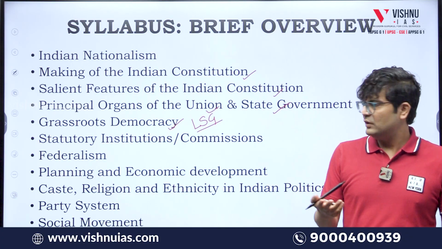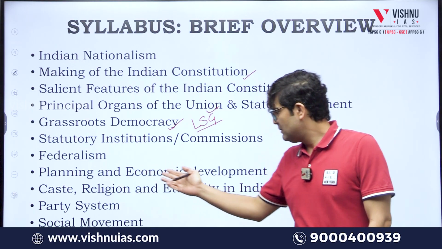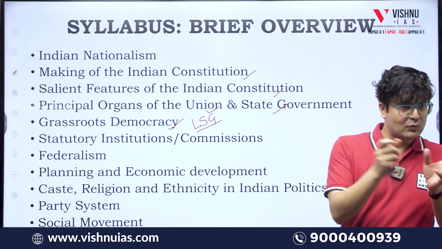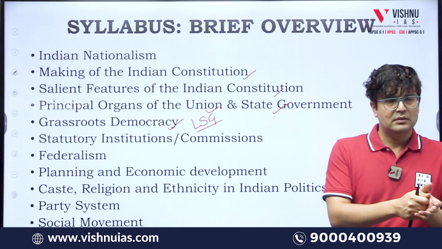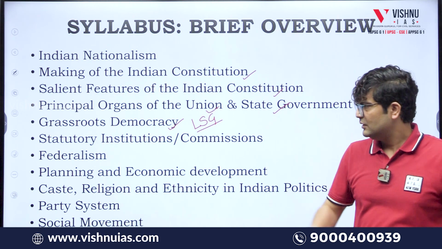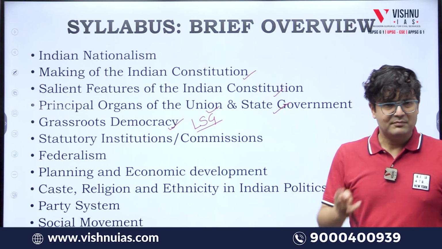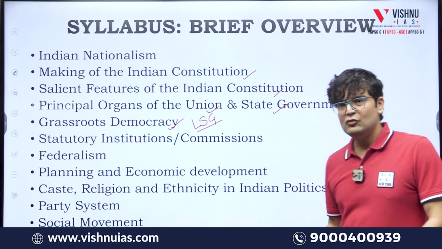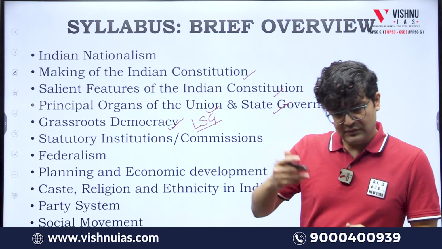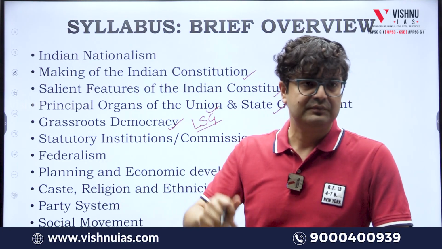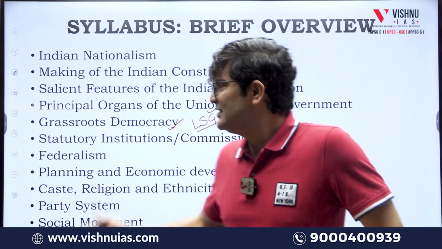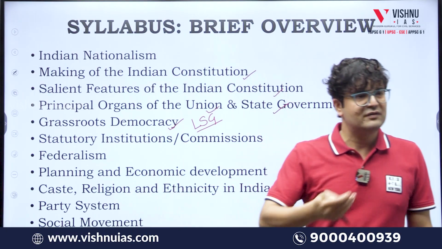Then some economics thrown in, like planning and economic development. Then you have your paper 1, which is what? The GS paper 1, thrown in here through caste, religion and ethnicity in Indian politics. Then the party system, back to paper 2, and then social movements, environmental movements, again a bit of overlap in GS3 as well. So you see that this paper is something that you have to cover anyway.